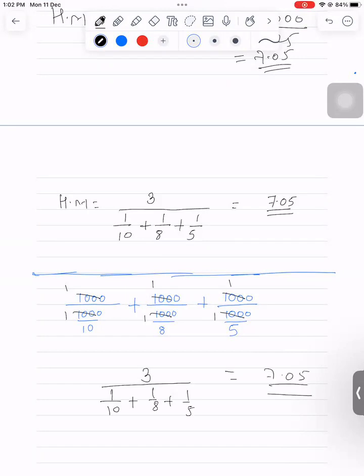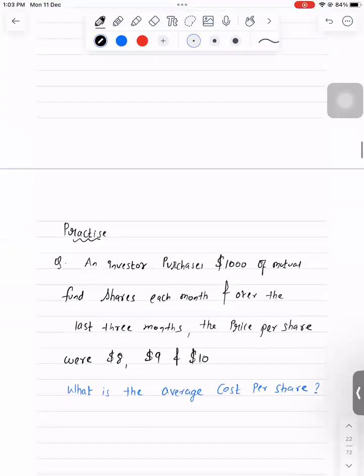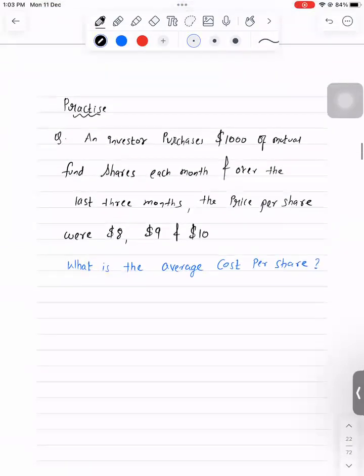So this is your harmonic mean. Okay, you can practice this now.